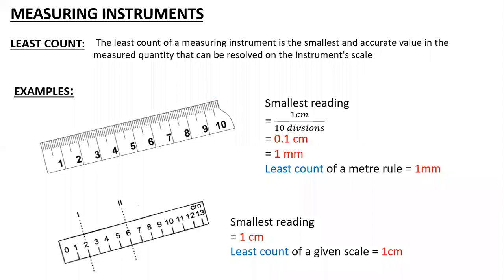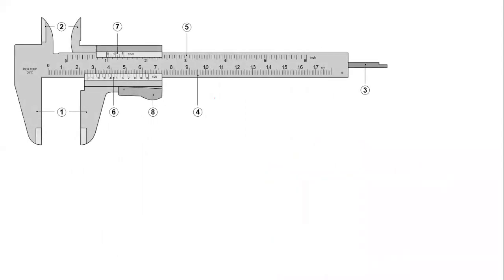Now, the two examples already given measure a minimum of 1 millimeter and a minimum of 1 centimeter. But if I need to go still further, to more decimals, I have a new scale. There is an instrument which I have made. You might have seen it in your school laboratories or even in PACE. If you have not visited PACE and are new to the system, obviously when the lockdown gets over, you will get into the labs.